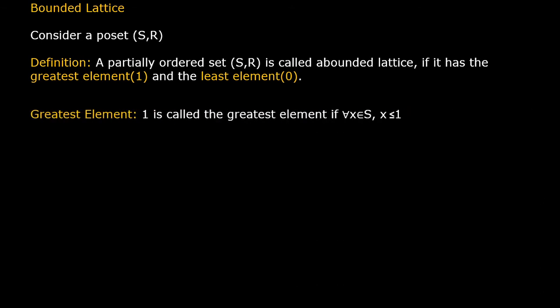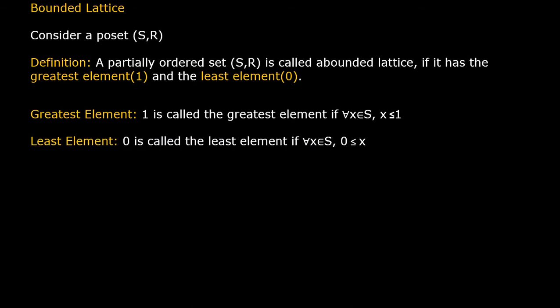Now, what is the greatest element? A greatest element, which is denoted by 1, is the element such that for all x that belong to S, x is less than or equal to 1. That is, the greatest element is one such arbitrary element which is greater than all other elements of the set.